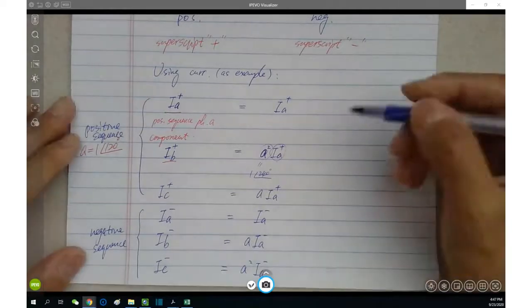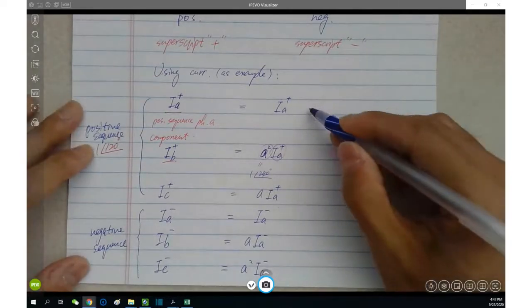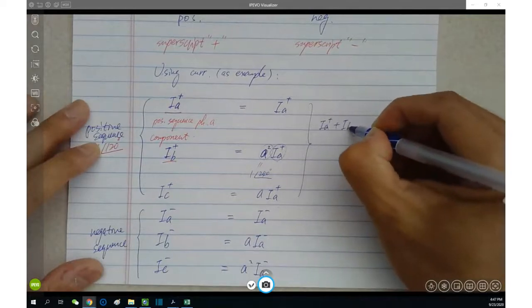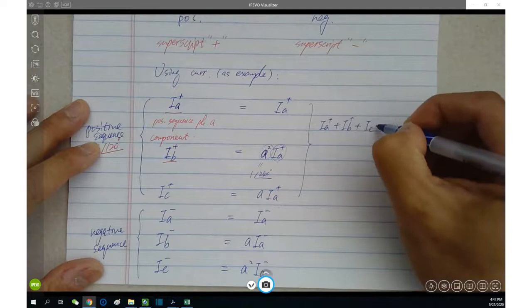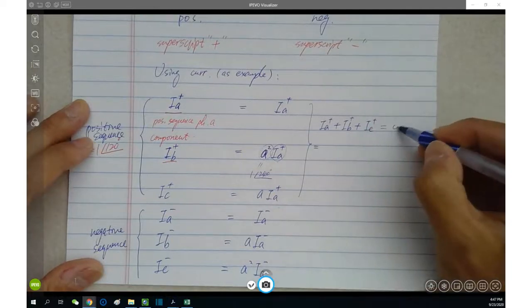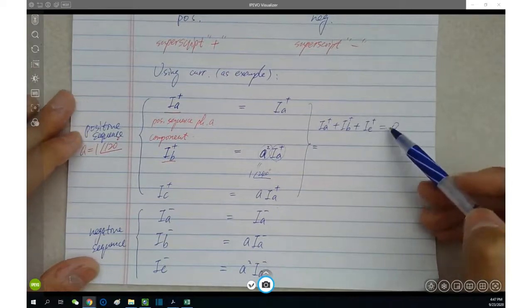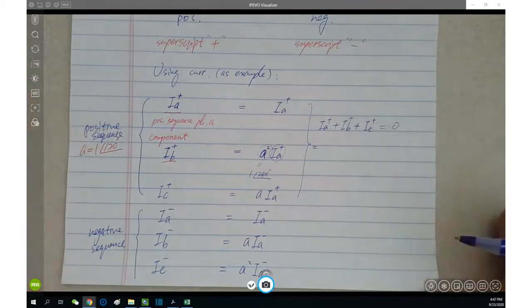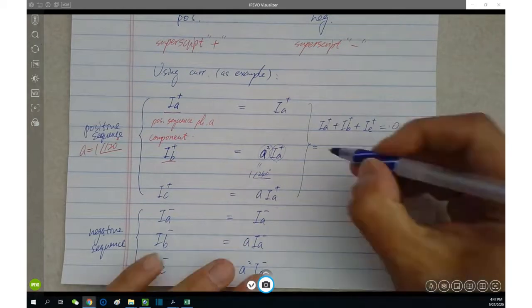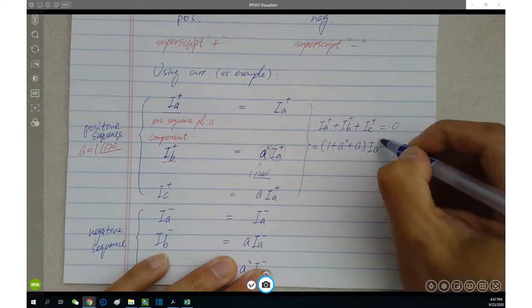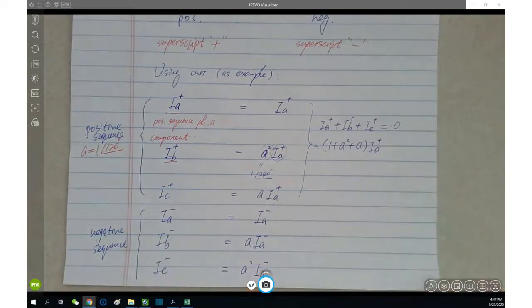And if balanced, what do we have actually? So it's IA plus IB plus IC plus equals what? When balanced, the vector, or say the phasor sum, equals what? 0, right? Does it make sense?